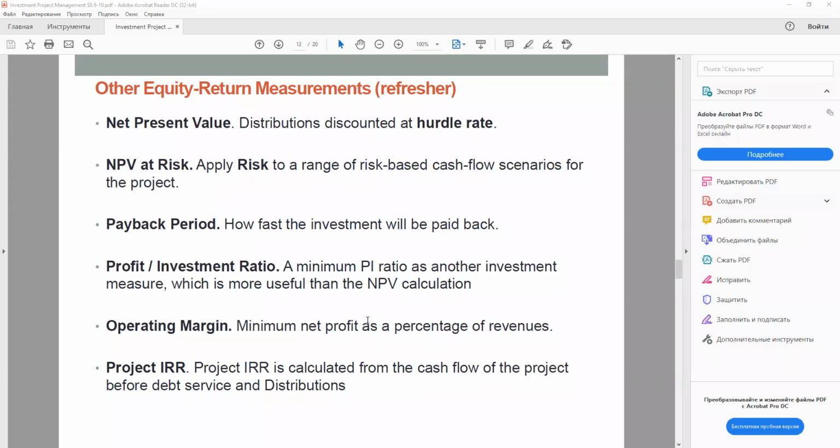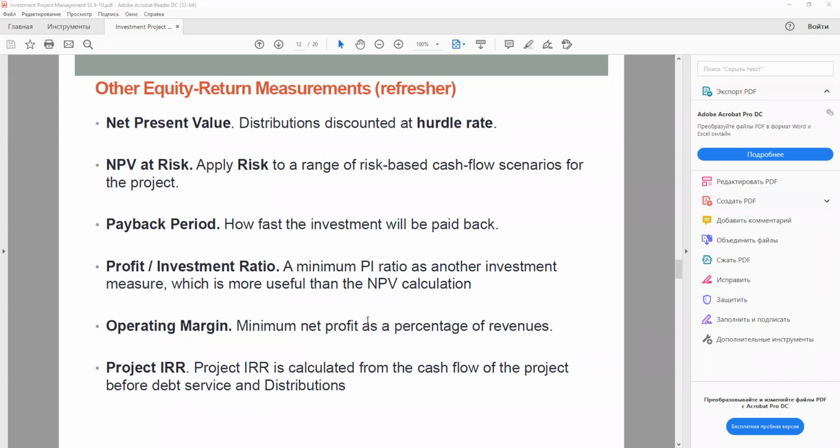And the project IRR. The project IRR is calculated from the cash flow of the project before debt service and distributions, measured as a return on the cash flow and on the cash investment required. This is sometimes done at the early stage of development of the project to check its robustness without taking account of its particular financing structure.